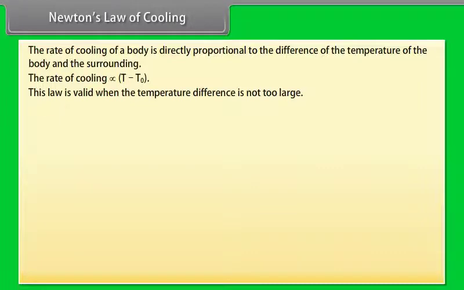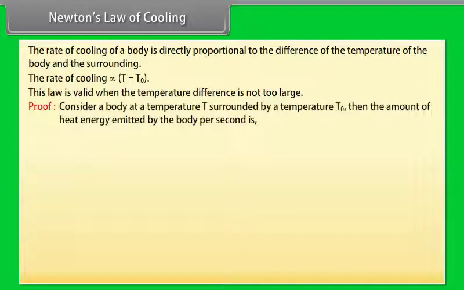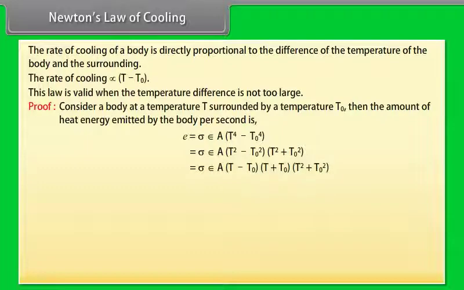Let's see the proof. Consider a body at a temperature T surrounded by a temperature T naught. Then the amount of heat energy emitted by the body per second is E is equal to sigma e A (T minus T naught)(T plus T naught)(T square plus T naught square).